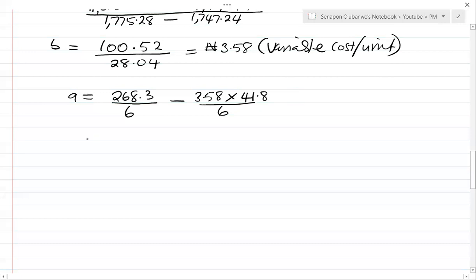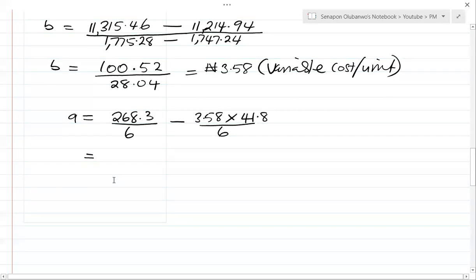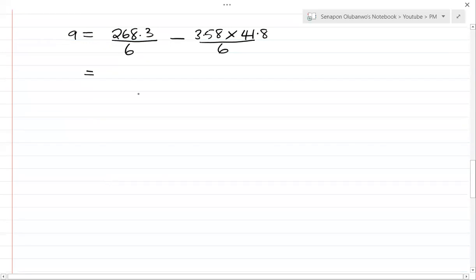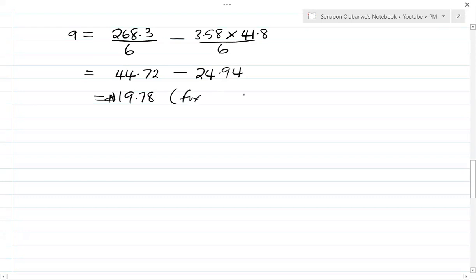So 268.3 divided by 6 gives us 44.72, minus 3.58 multiplied by 41.8 divided by 6, which gives us 24.94. And so our A, which is our fixed cost, will be 19.78.